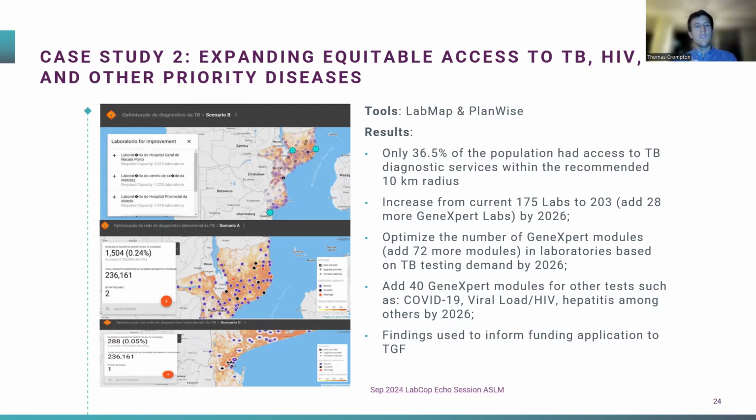And so this data-driven approach was used to inform another Global Fund funding application. So they used LabMap and PlanWise. They had data from laboratories and devices and were able to analyze the accessibility and the capacity so they could understand where they needed more and how many.